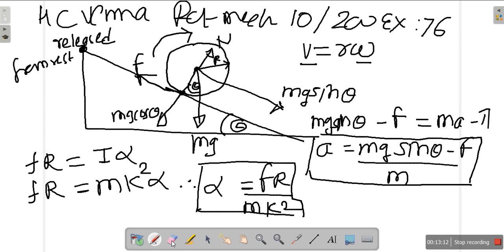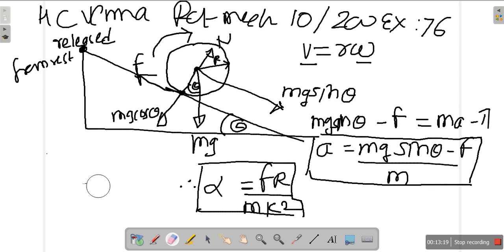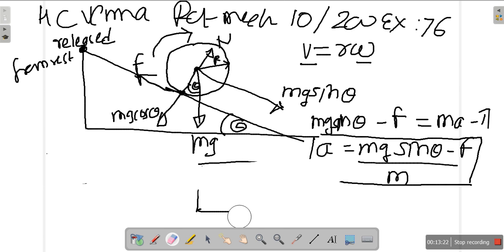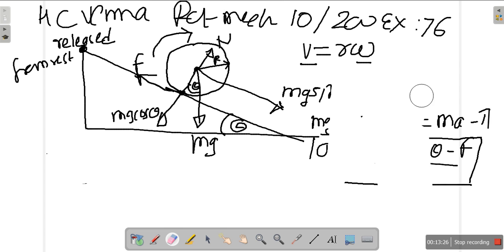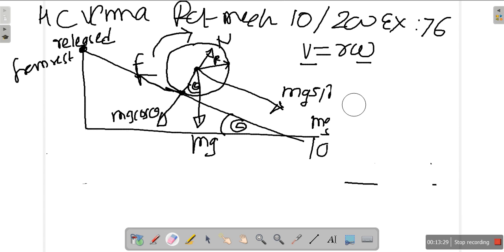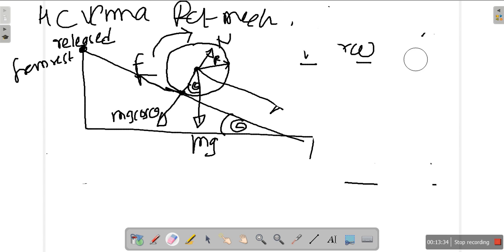Now if coefficient of friction is not sufficient to cause pure rolling, it means there will be rolling as well as slipping. So now we are faced with a situation where there is rolling also and there is slipping also. So if f is less than the minimum required value, we have to consider both rolling and slipping. And they are asking us a very intricate question. They are asking us to find the kinetic energy of the ball or the sphere as it moves through a distance L down the incline.